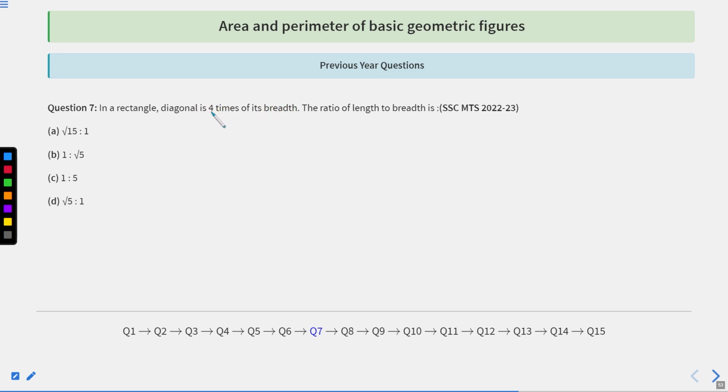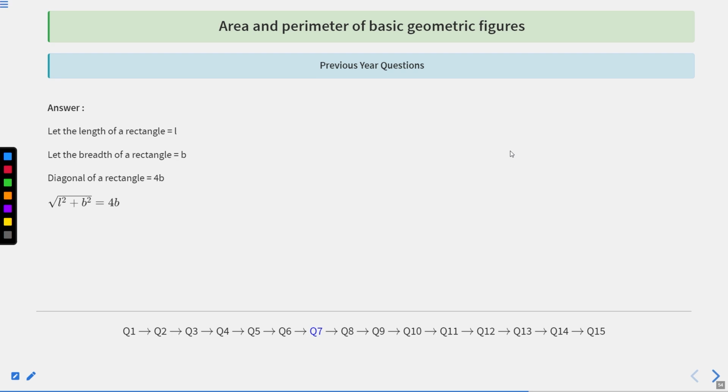That is what we mean by 4 times its breadth. If the breadth is 2, the diagonal is going to be 8. If the breadth is 3, the diagonal is going to be 12. That means if the breadth is x, the diagonal is going to be 4x. So we are interested in finding the ratio of length to its breadth.